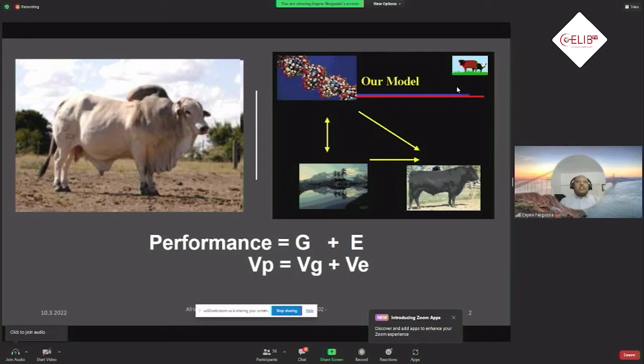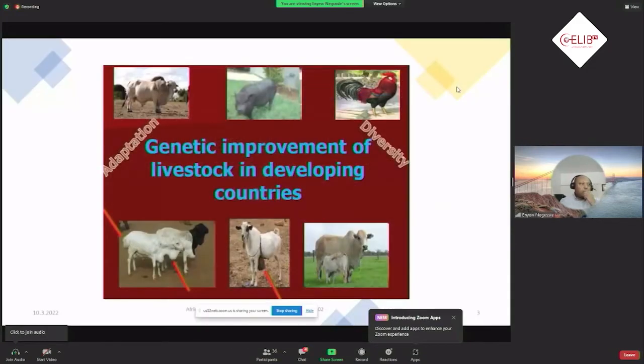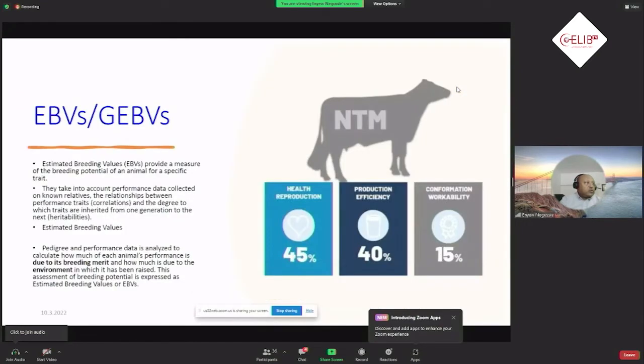But for animal breeders, we don't see the genetic effects. The only thing we can do is use performance data to disentangle what is likely due to genetics from what is likely to be environmental effects. We have very diverse animal genetic resources, and once we are able to disentangle these two components, we can accurately estimate breeding values, the genetic merit of the animal.